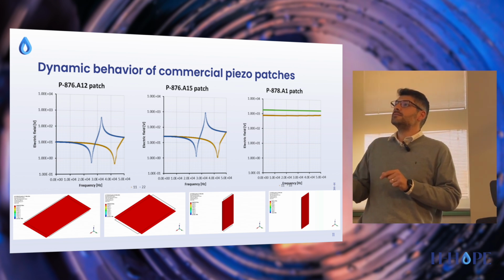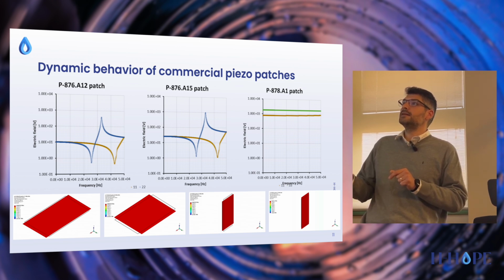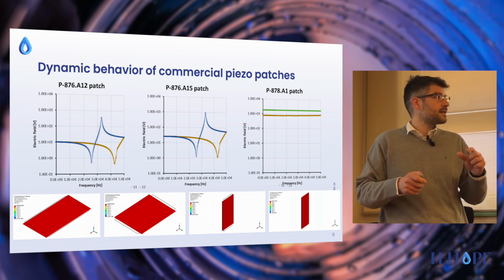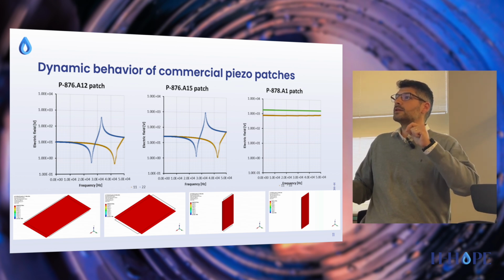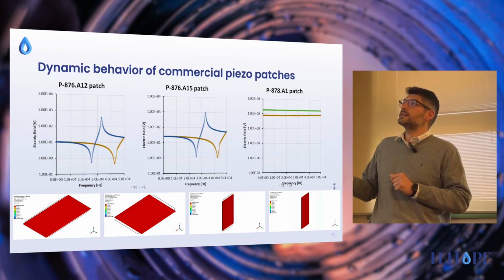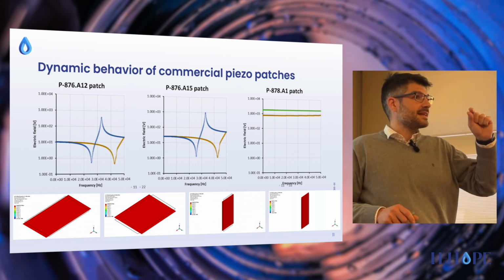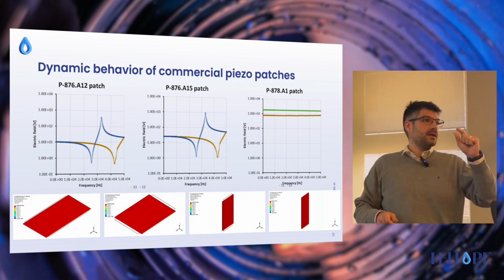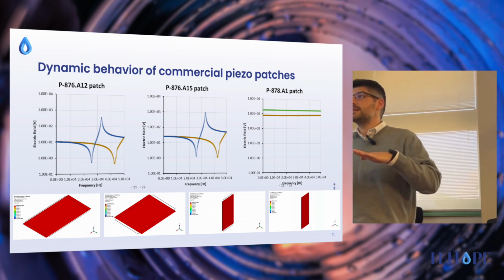The difference between both piezoelectric patches is not the material or the dimensions, it is the thickness of the piezoelectric layer. This is related to the thickness of the piezoelectric material, not the soft layer, which is what covers the piezoelectric material.